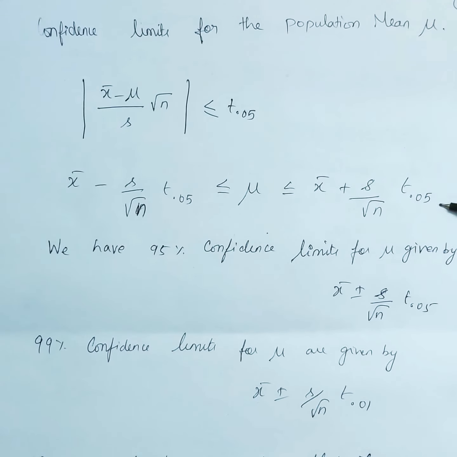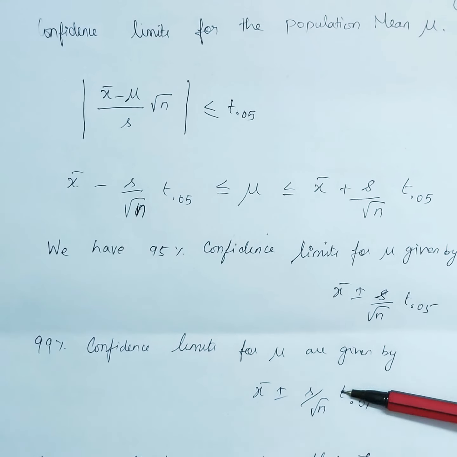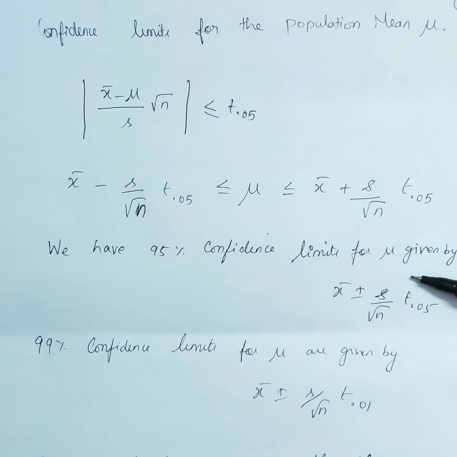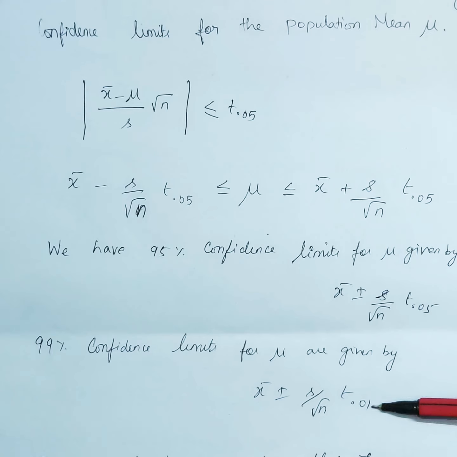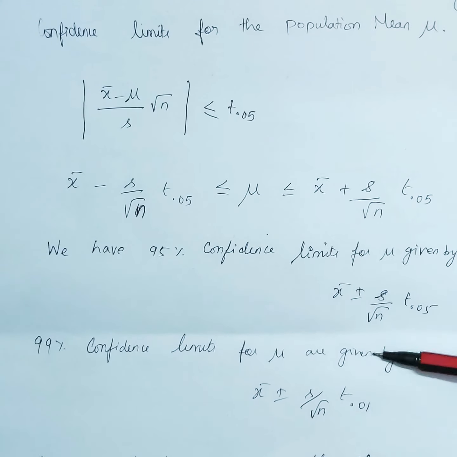When you see 0.05, it is for 95% confidence limit. In the same way, for 99% we write x bar plus or minus s by root n into t of 0.01.